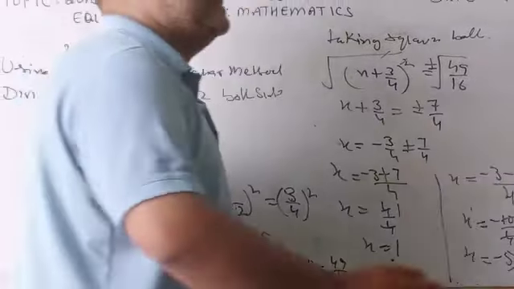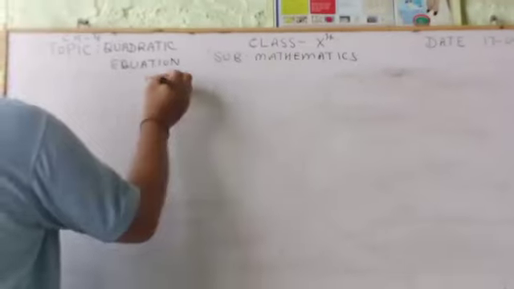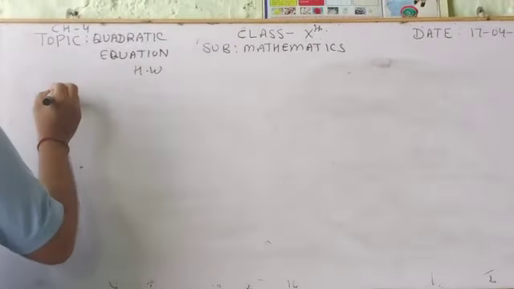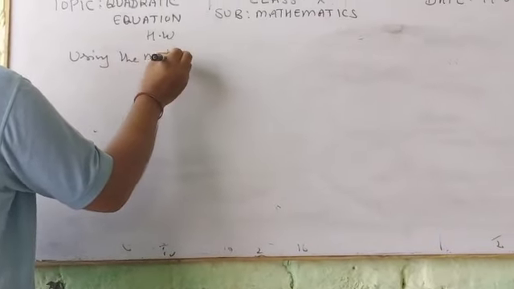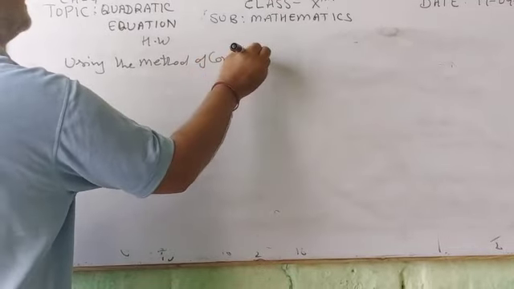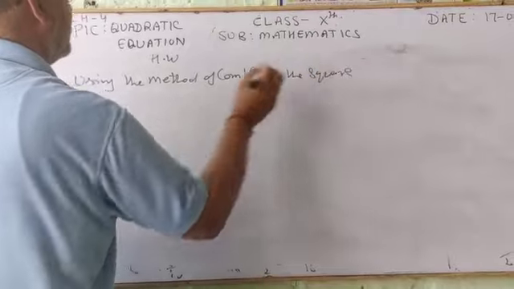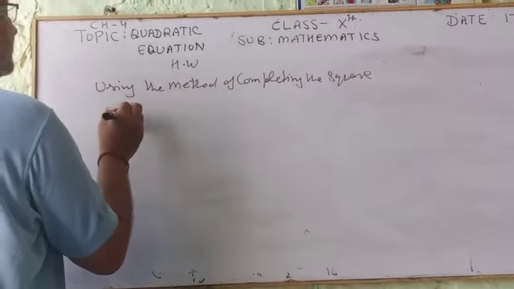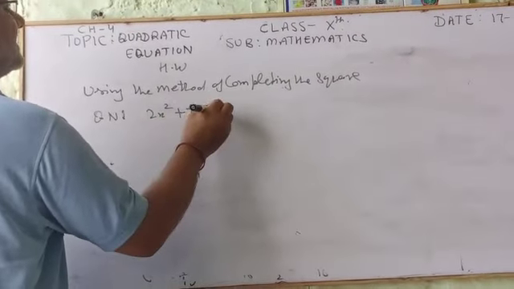At last, I am giving some homework for your practice. Homework questions: using the method of completing the square. Question number 1: 2x square plus 7x minus 9 equal to 0.